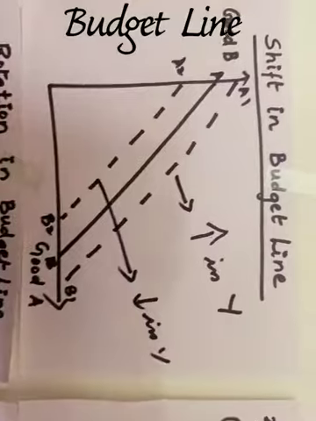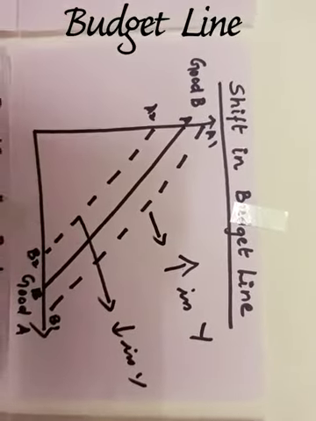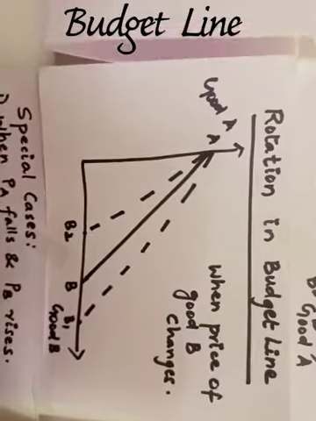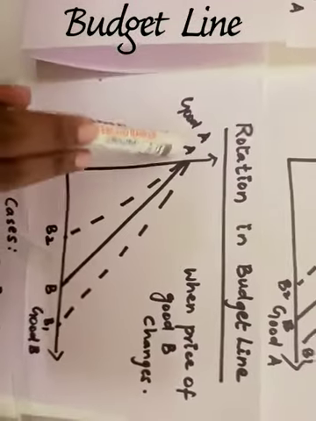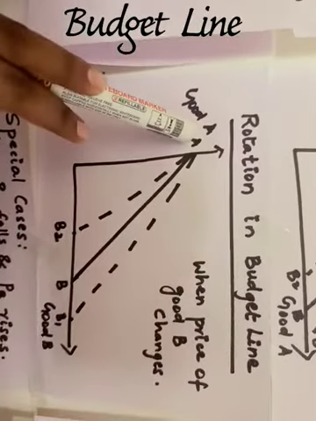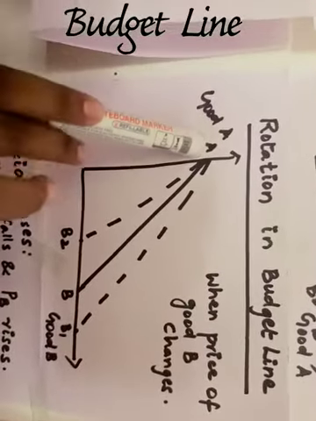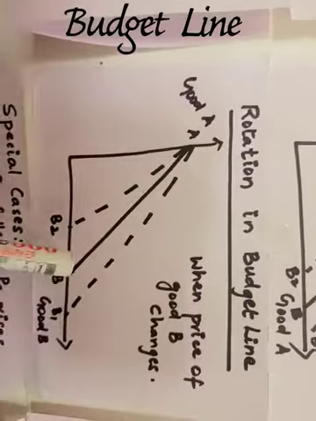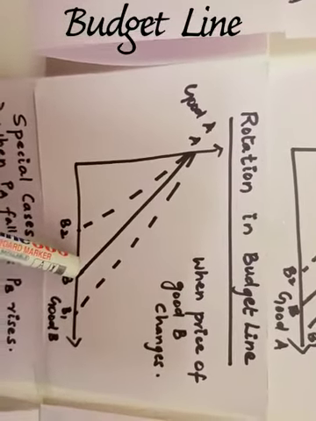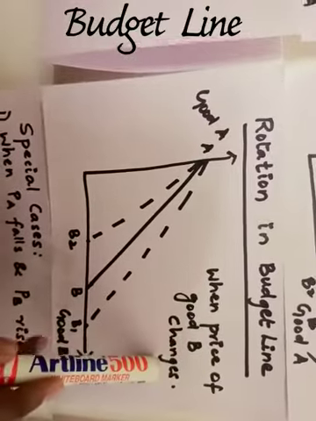And coming to the rotation of the budget line, as we have looked through rotation in the PPC. Here the price of good A remains the same, so the income for A is not changing. But for B, the price can either go down or go up. So here only the price of good B changes.